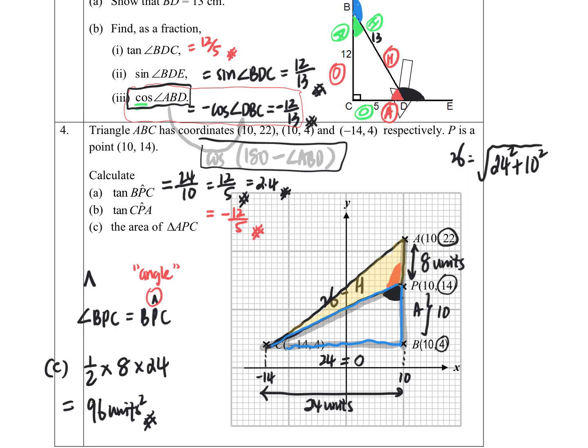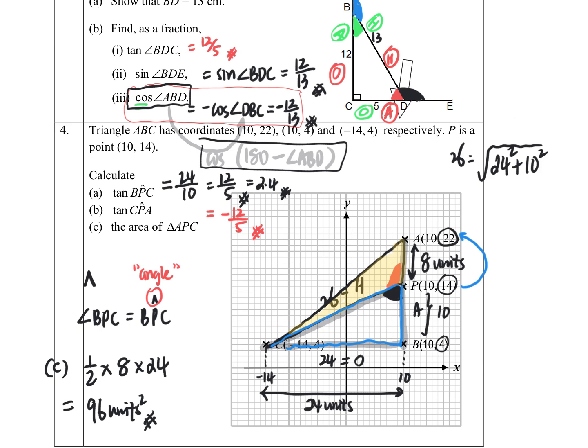Area, just use half times base times perpendicular height. I only want the yellow triangle area. So the base is from 14 to 22, which is 8 units only. Then the perpendicular height is here. So you all must see the triangle in this way.